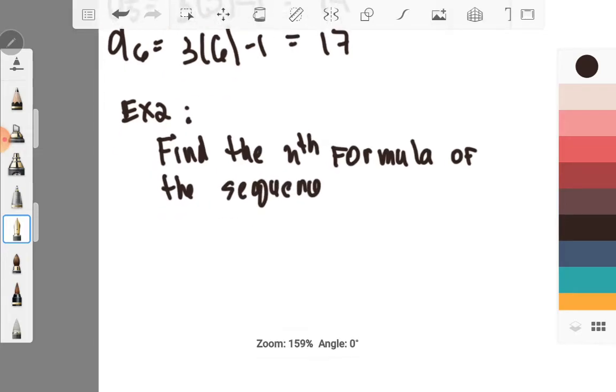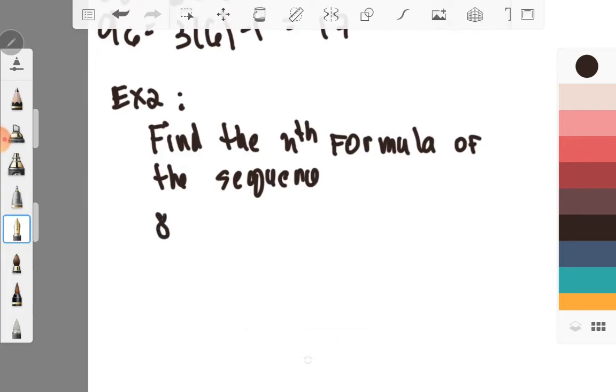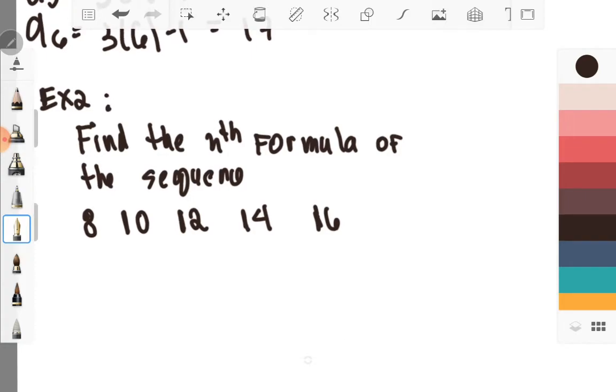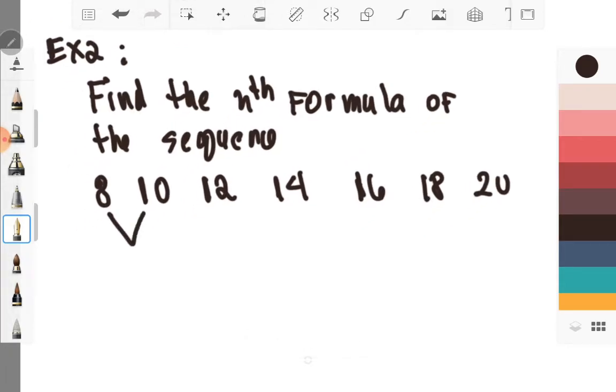Say we have 8, 10, 12, 14, 16, 18, 20. So the difference is 2.